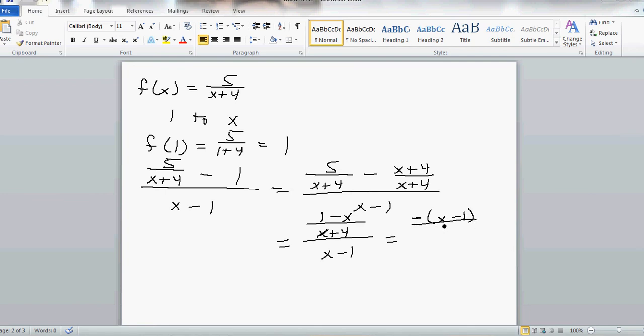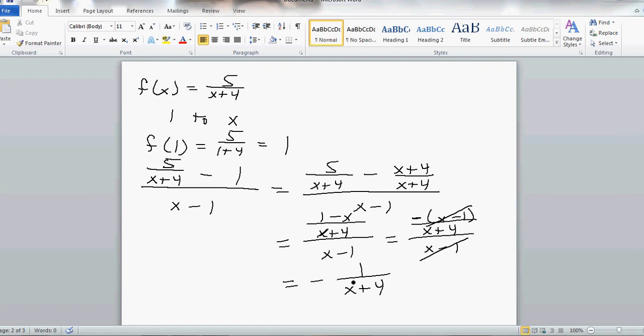That's the opposite of x minus 1. And so we get that all over x minus 1, and all of a sudden the x minus 1's cancel each other out, which will leave negative 1 over x plus 4.